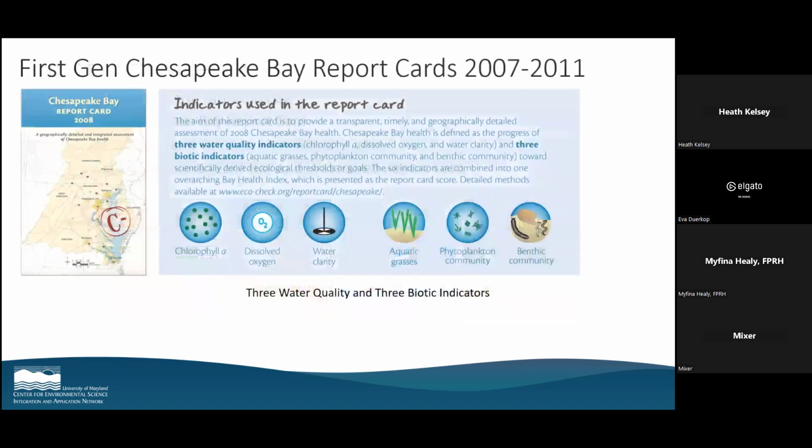The first generation of the report cards for Chesapeake Bay were really focused on ecosystem health, ecology, and we had very simple metrics. There were 3 water quality indicators and 3 biotic indicators, really looking at water quality and habitat. That was what we chose to look at.